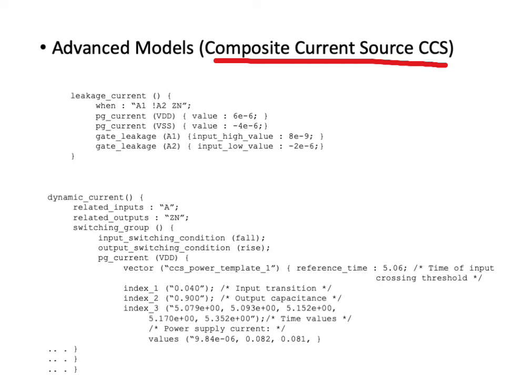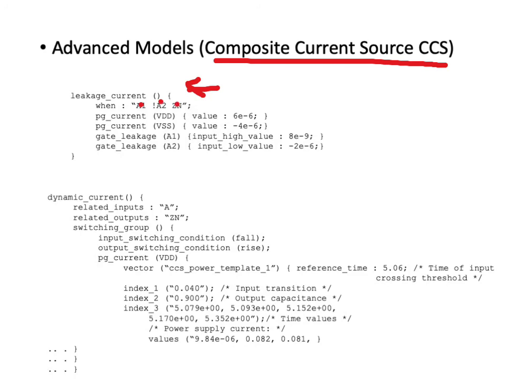Okay, as an example, the leakage current rather than the leakage power can be specified here, and here this is actually specifying a conditional leakage current when A1 is logic 1 and A2 is logic 0 and Zn is logic 1.